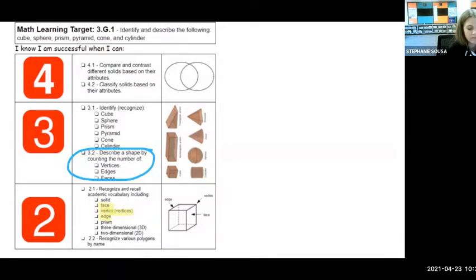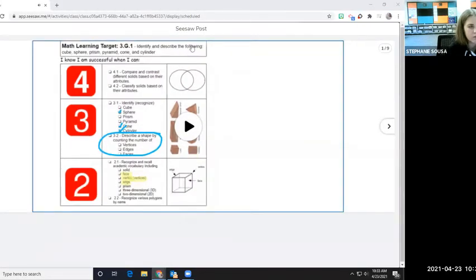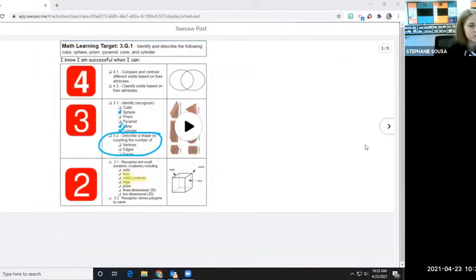Today we will work on a sphere, a cone, and a cylinder. Okay, so we're going to be looking at the differences between these shapes based on their faces, edges, and vertices.